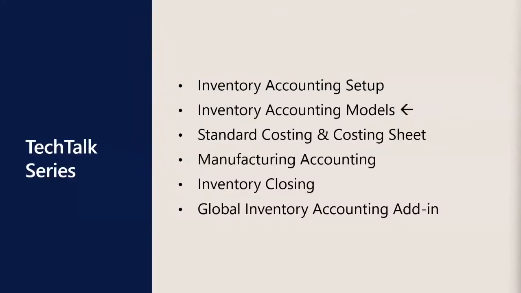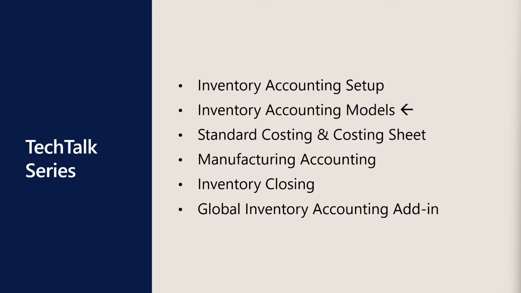This is the second Tech Talk in a series of 6 Tech Talks that will dive into the details of inventory costing in Dynamics 365 Supply Chain Management. In this Tech Talk, we will be focusing on details and examples of various inventory models available to us in the system. Today's session, however, will not cover standard costing, which will be covered next week in our session on standard costing in the costing series.